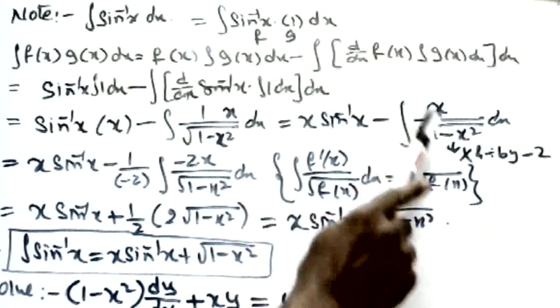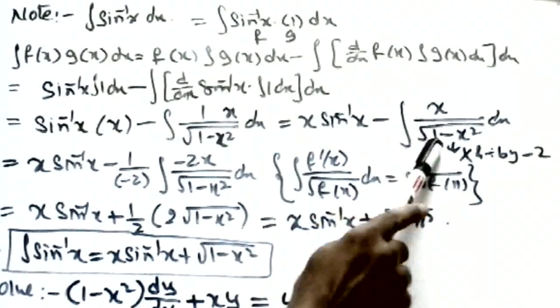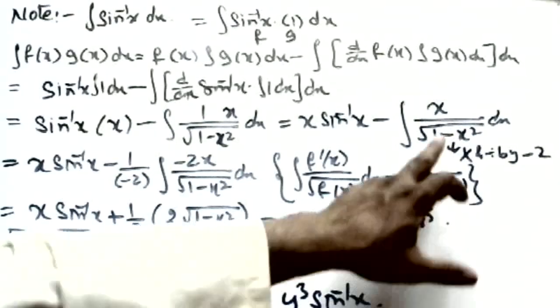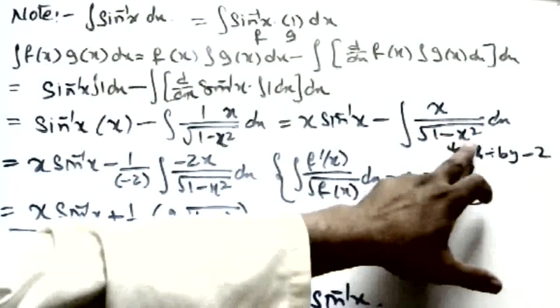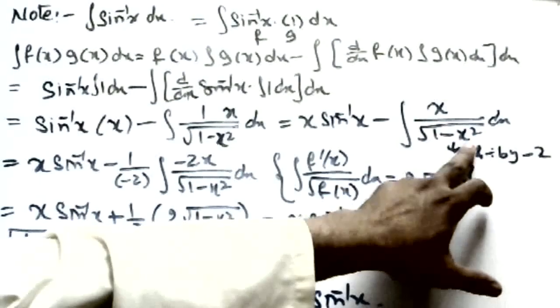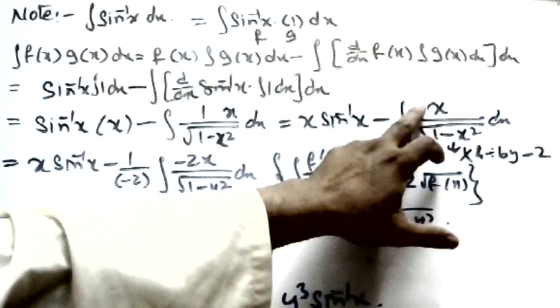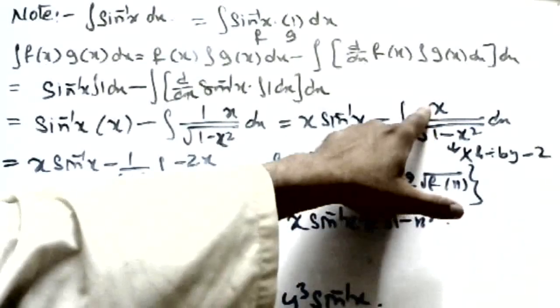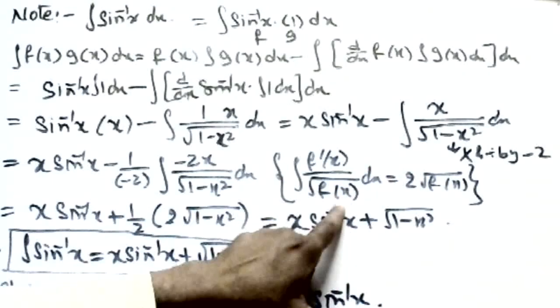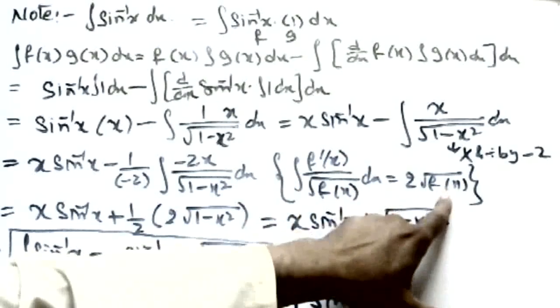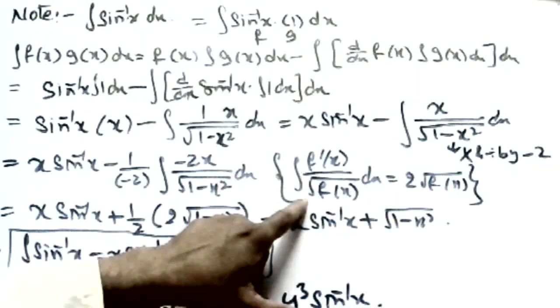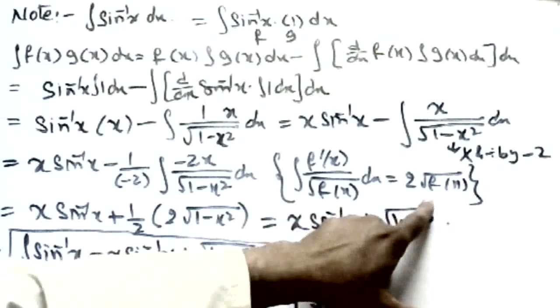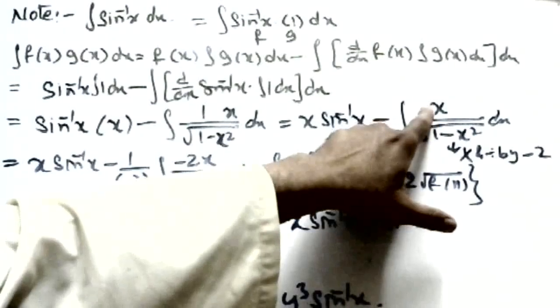You see here how to solve this one. If we have minus 2 in the numerator, it will be the differentiation of 1 minus x square. Differentiation of 1 is 0, and minus x square is minus 2x. So if we have minus 2 here, it will become f dash x by root of f of x, and the integral of f dash x by root of f of x is 2 root f of x.